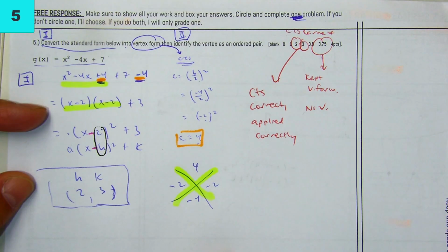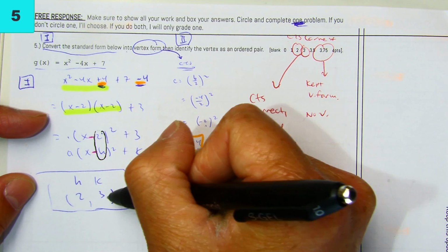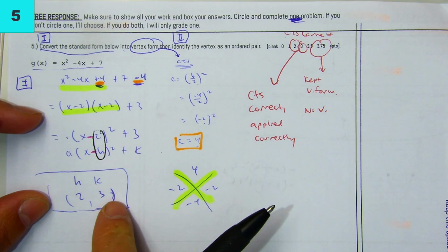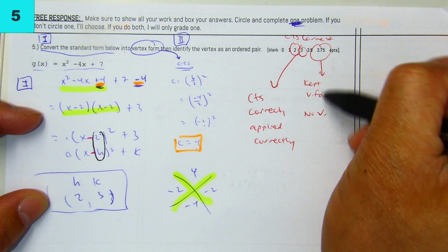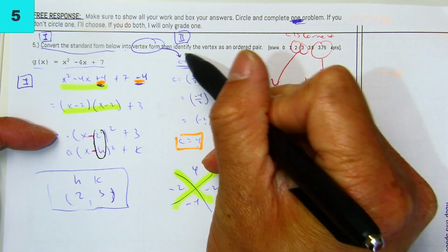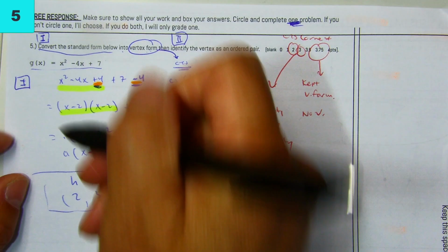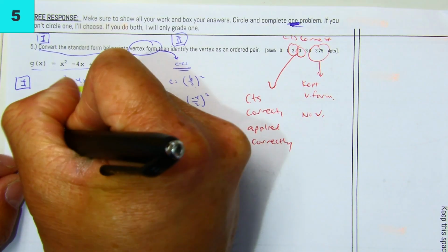Okay, so H is 2, and then your K value is 3. So that's how you would have gotten full credit. You would have gotten 3.75 if you had the vertex form here, but could not identify the ordered pair. Okay? So this is part 2, vertex and vertex form.